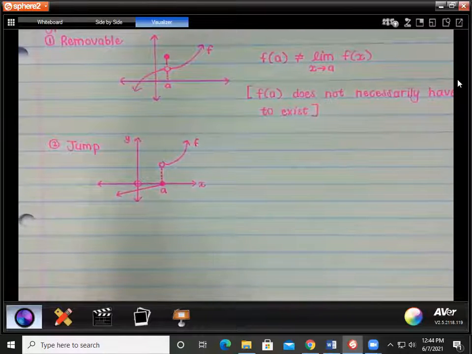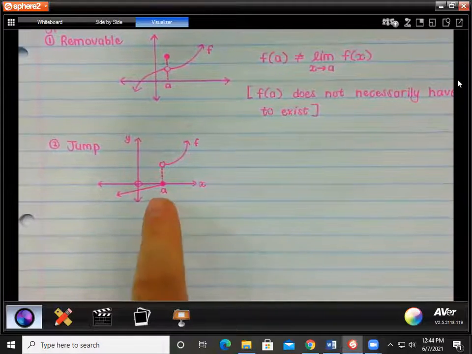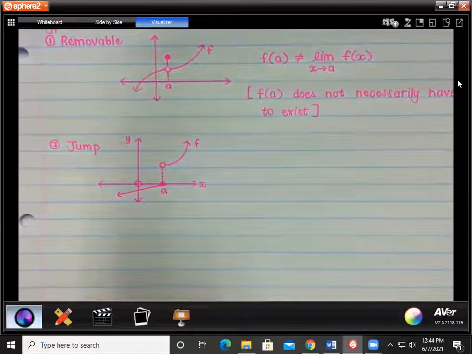Okay, so like I said, it doesn't have to look like this. This is just one example. But guys, obviously a jump discontinuity, it's quite clear that you are jumping from one y value to another. All right, that's why it's called a jump discontinuity.